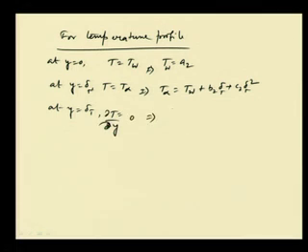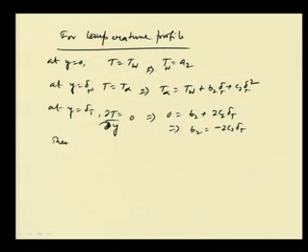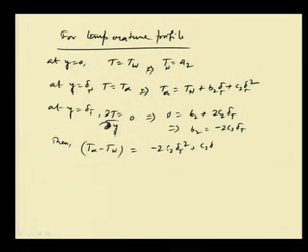This implies that 0 is equal to B 2 plus 2 C 2 delta t. So, this says B 2 is equal to minus 2 C 2 delta t, and then T infinity minus T w is equal to minus 2 C 2 delta t square plus C 2 delta t square.